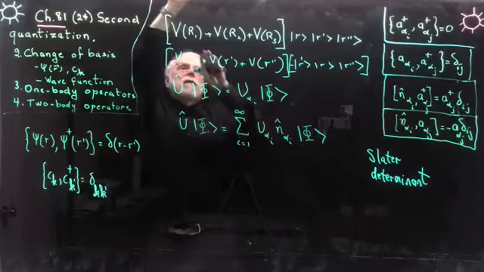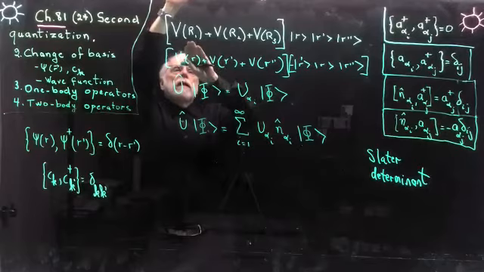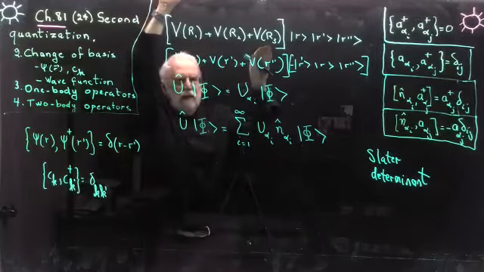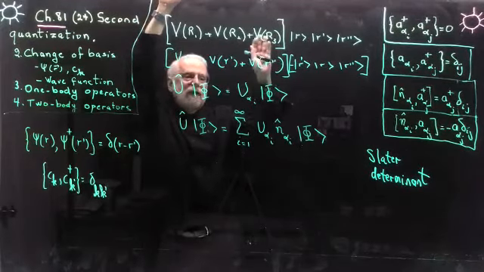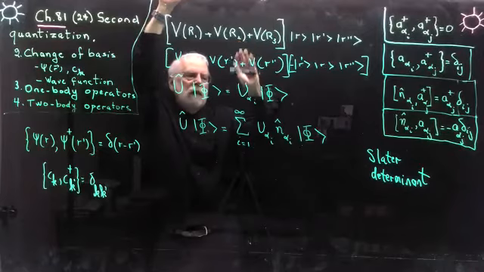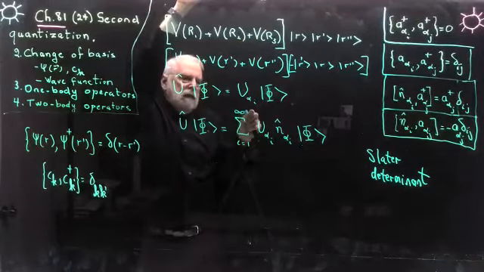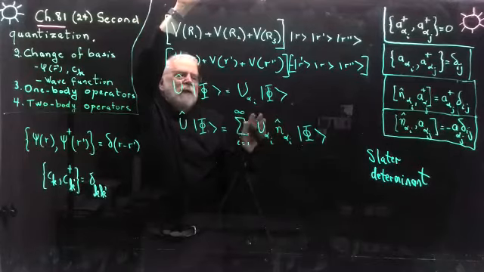Now, in first quantization, if I have n particles, I have to sum R1, R2, R3 up to Rn. Here it's different. I sum over all the basis states. So the operator does not depend on whether I have 1, 2, or 3 particles.